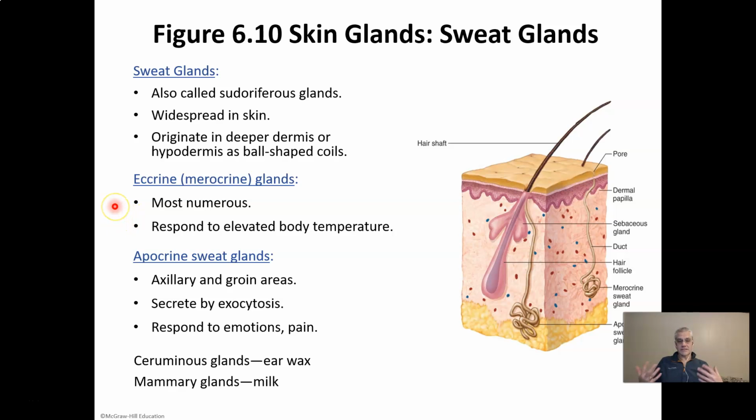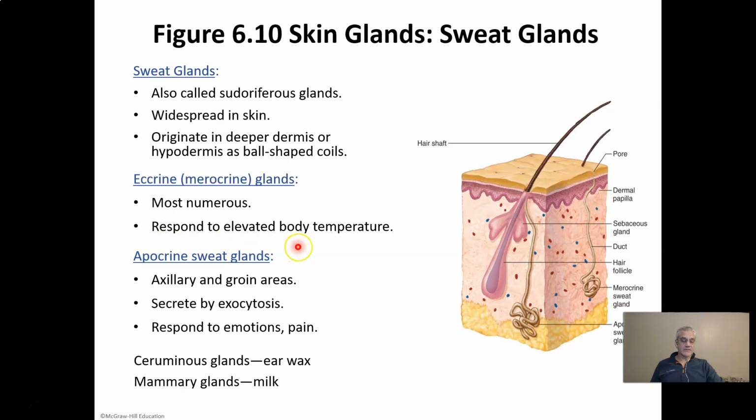They are the things that you know and love about sweat glands, right? They're the things that keep you cool when it's a hot day in the summer or you're exercising and when you sweat. The sweat that you think about, that watery substance that comes to the surface of the skin, is coming from the Eccrine gland, right?